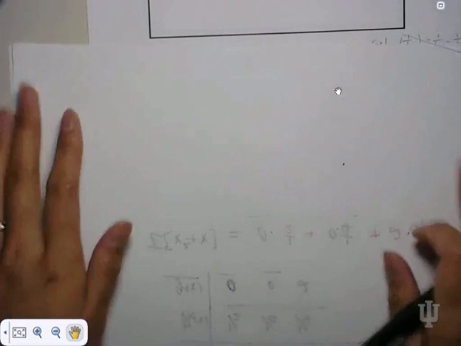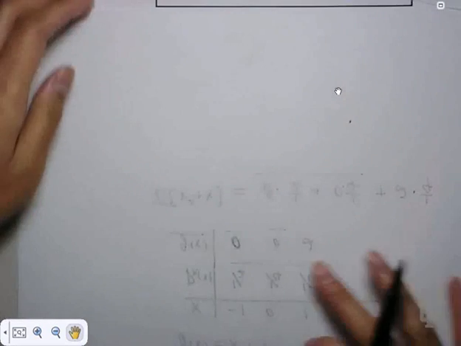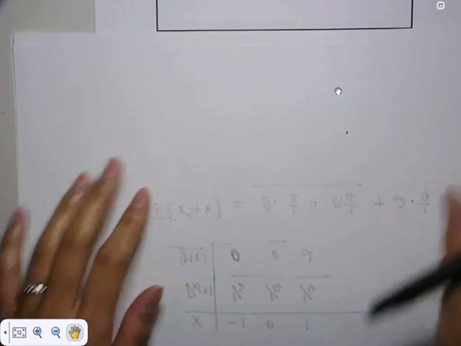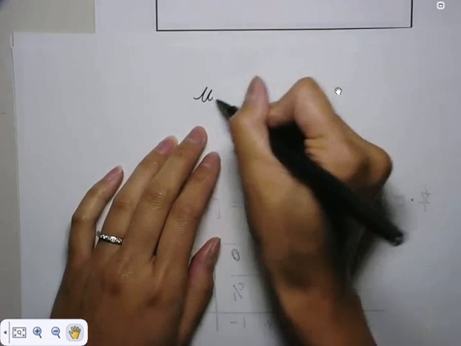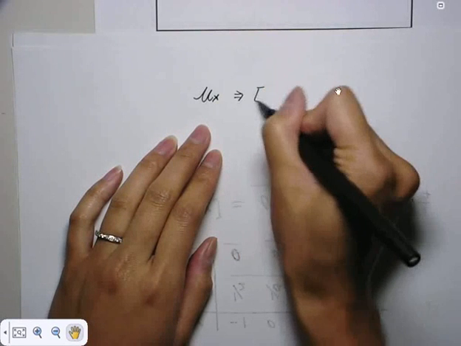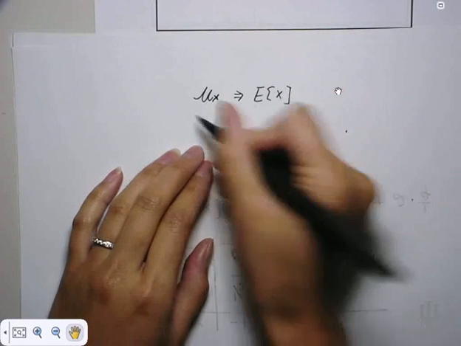So we just talked about the expected value of a derived random variable. And remember, we use mu x sometimes to represent those.